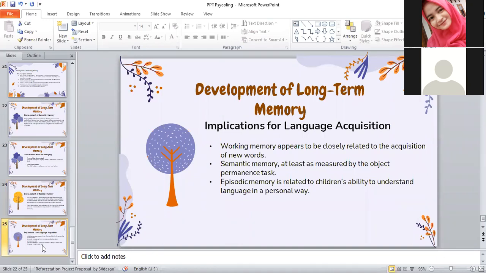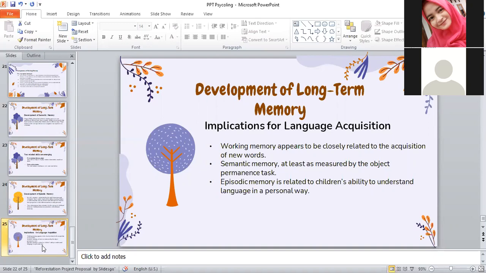Next, development of long-term memory. First, implications for language acquisition. First, working memory appears to be closely related to the acquisition of new words. The ability to acquire words that refer to objects in the world requires one to simultaneously maintain the object and its name in working memory. Second, semantic memory, at least as measured by the object permanence task, develops within the first 2 years of life.